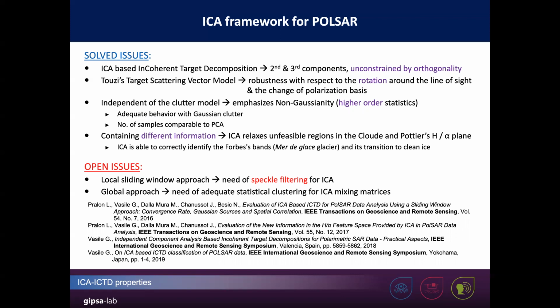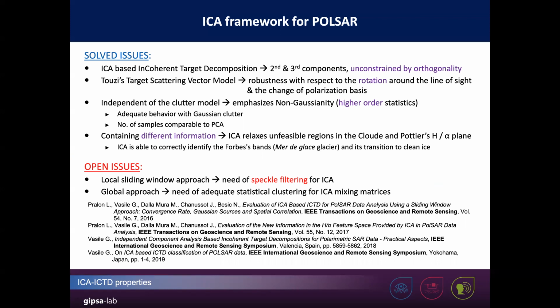We have also shown that it contains different information by relaxing the unfeasible regions from the H-alpha plane. This has been illustrated on the 4 bands on the Mer de Glace Glacier, which are the transitions between the clean and the dirty ice.